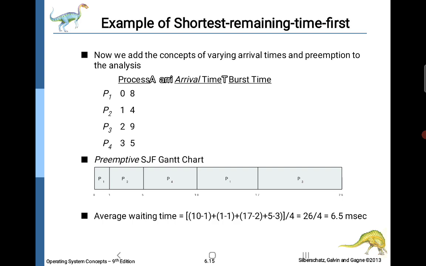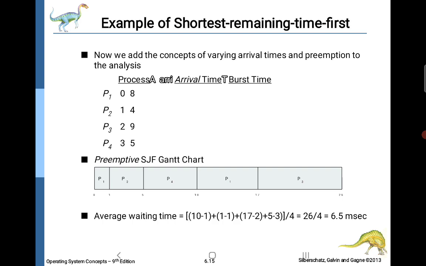How does this preemptive version of shortest job first look like? The shortest remaining time first is an algorithm that will consider which process shall be running in the CPU each time a process enters the ready queue.